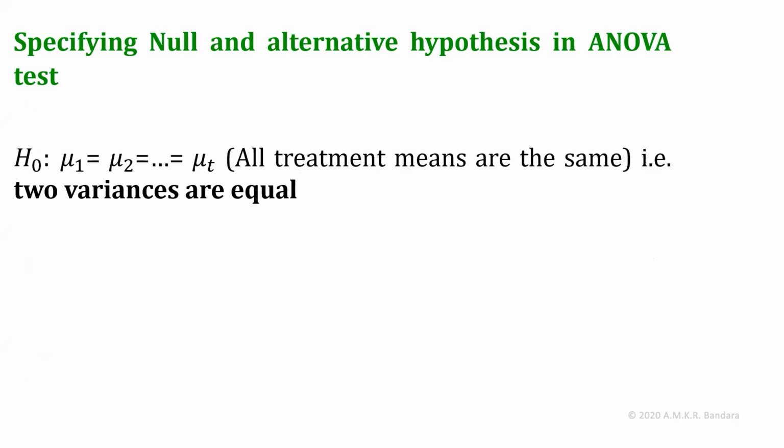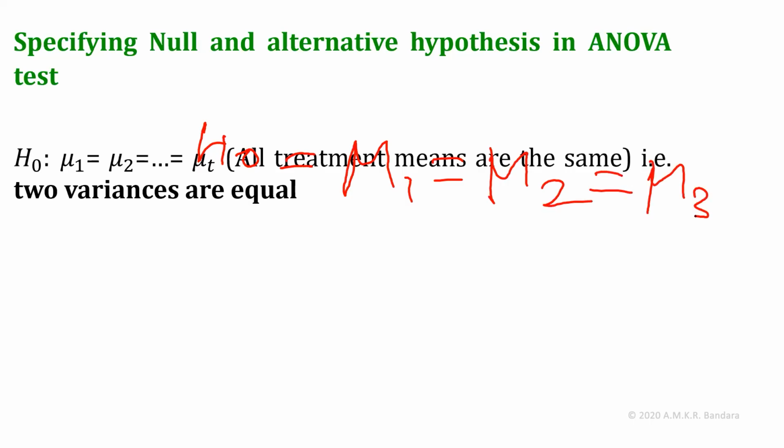Our null hypothesis for this test is that all treatment means are the same. We write it as mu1 equal mu2 equal mu t. That means the null hypothesis is treatment 1 mean equal to treatment 2 mean equal to treatment 3 mean.